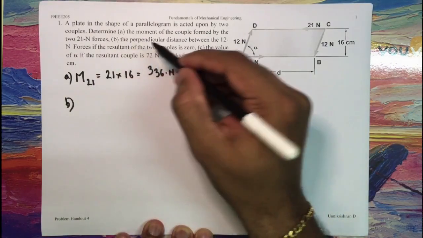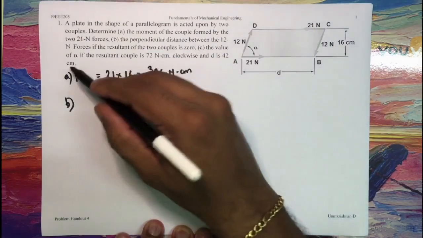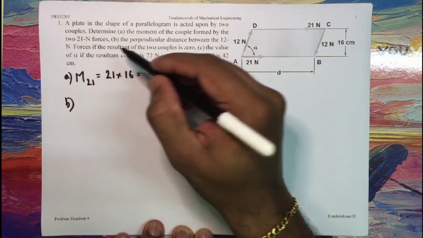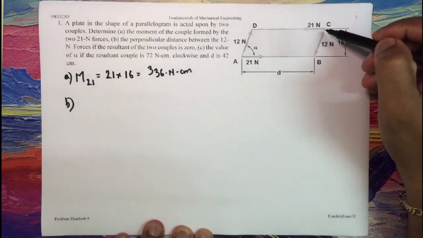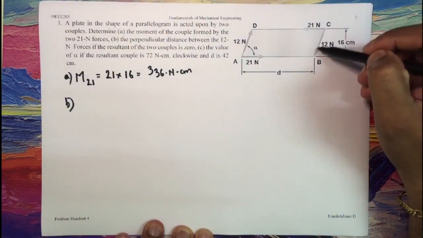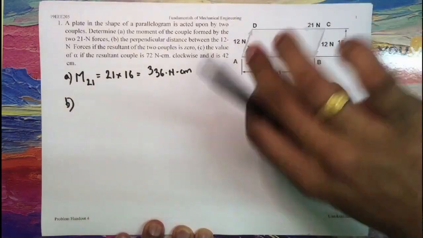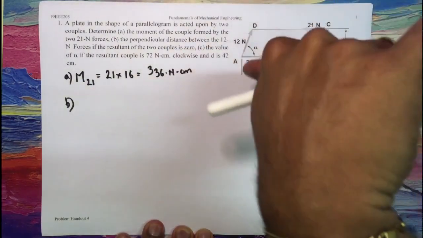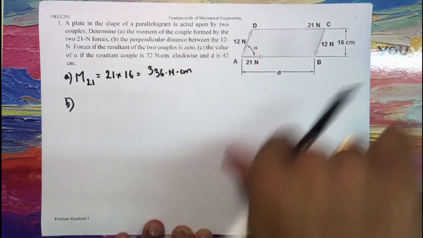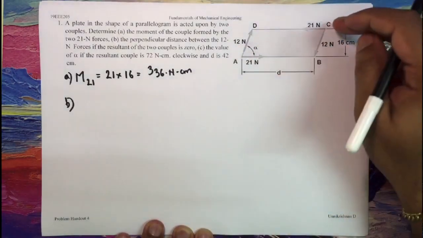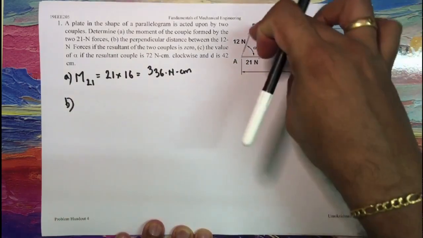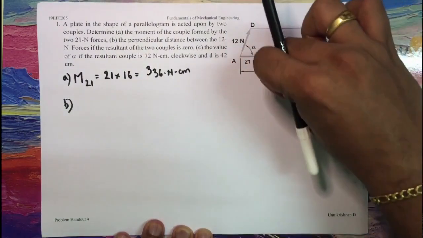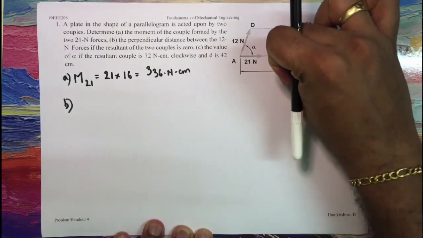In B, the perpendicular distance between the 12 Newton forces if the resultant of the two couples is 0. Now if you see here, I have this 12 Newton force acting like this, which creates a moment in the clockwise direction, and the 21 Newton force acting in this direction, and hence they tend to rotate the body in the counterclockwise direction.